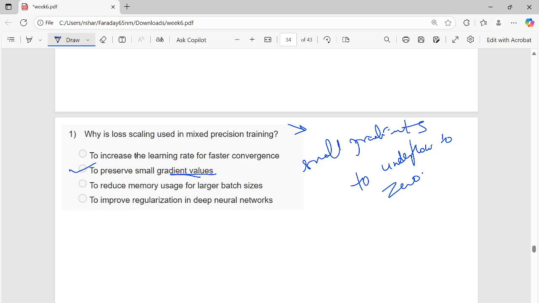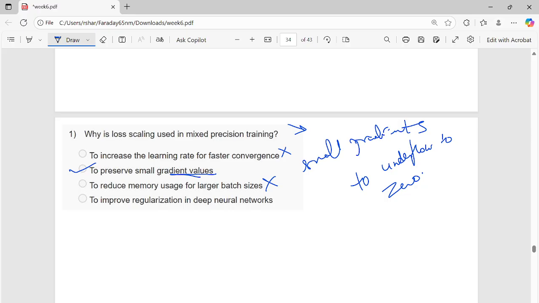Next, to increase the learning rate for faster convergence: loss scaling does not change the learning rate. Next is to reduce memory usage for larger batch sizes. Mixed precision helps with memory, but loss scaling does not specifically do anything with respect to memory.